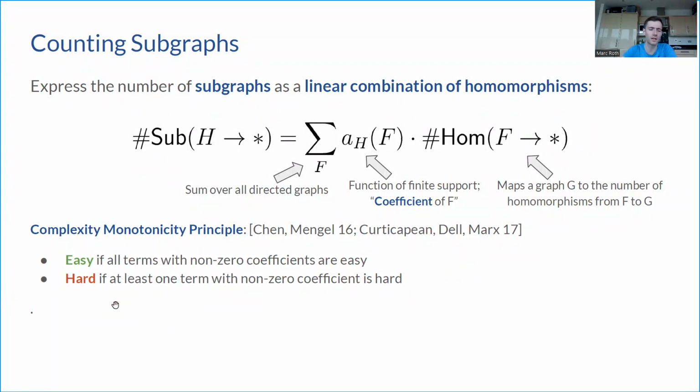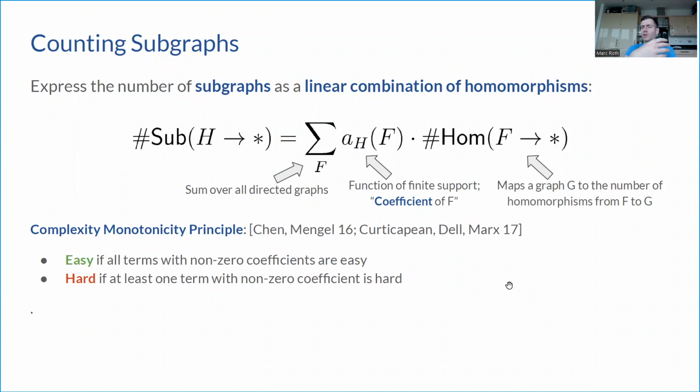The other direction tells you that if at least one homomorphism term is hard to compute, then the entire sum is hard to compute. This is a very unique property of homomorphisms. For example, if you count the number of satisfying assignments plus the number of non-satisfying assignments of a Boolean formula, this would always be 2 to the number of variables. So this is easy, but each individual term is hard.